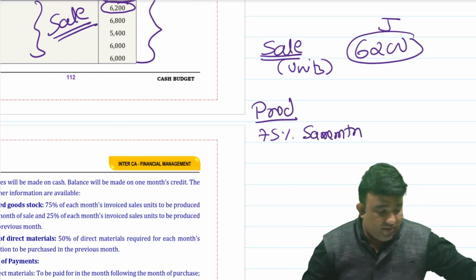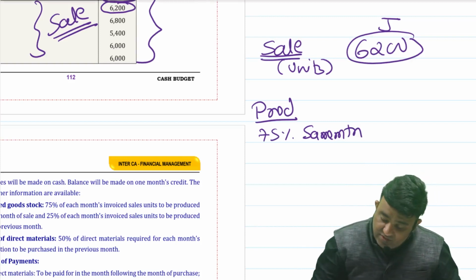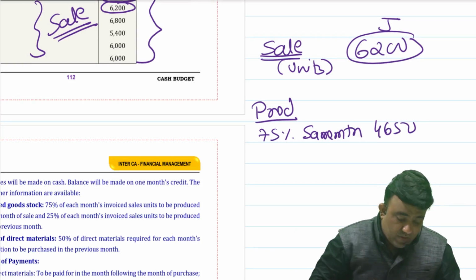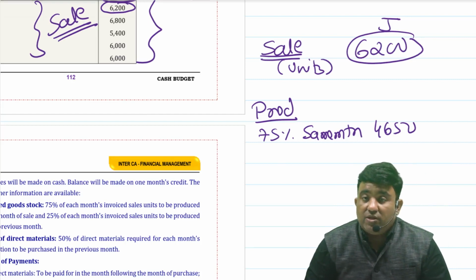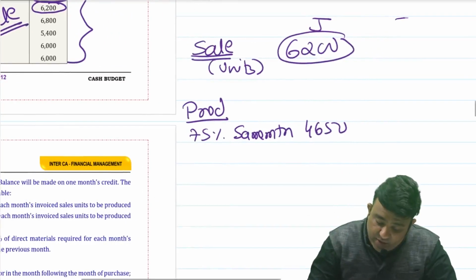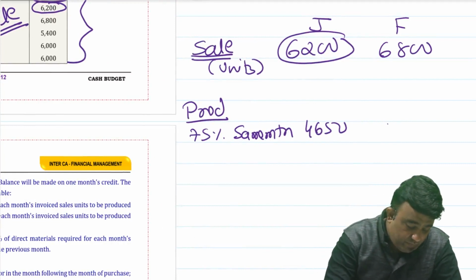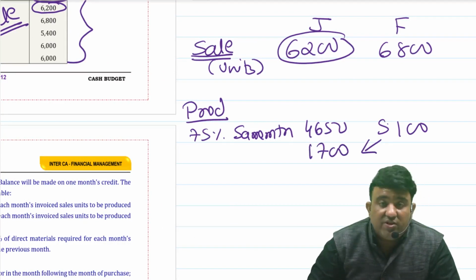If I calculate, 6200 into 75% is 4650, and the remaining 1550 will be produced in the previous month. Yes, no? Same if I talk about February sales, it is 6800. The 75%, student, that is 5100 will be produced in February, and 1700 will be produced in the previous month.